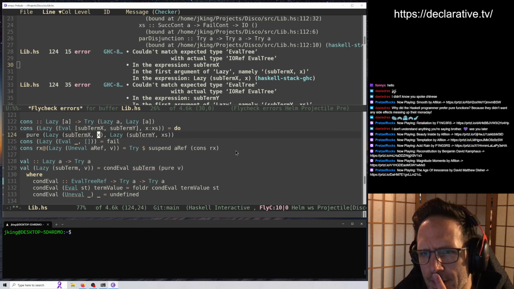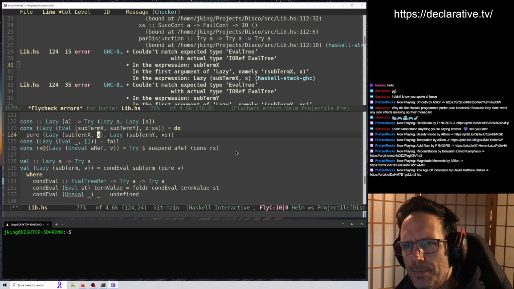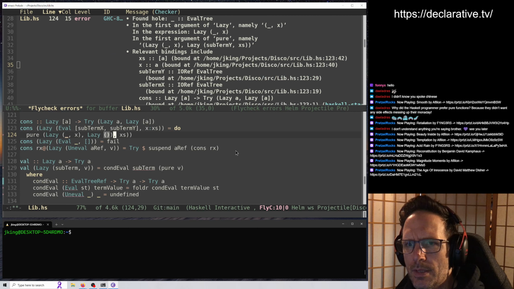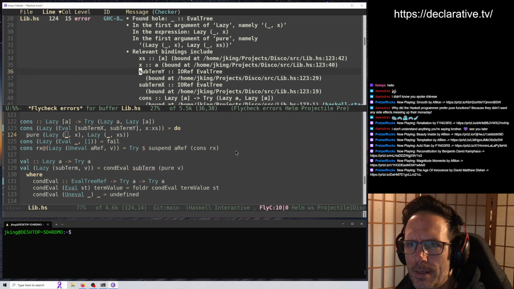Yeah, that's not what I was expecting here. So let's turn that into a hole. Turn that into a hole. And see what we can do here. So we want an eval tree here. We have an IO ref with an eval tree in it. We're not in IO technically.